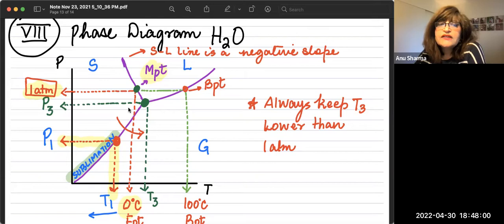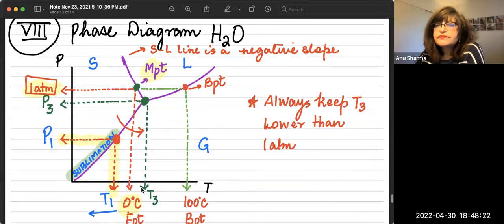And we see also that the temperature of the triple point is a little bit higher than 0 degrees Celsius.